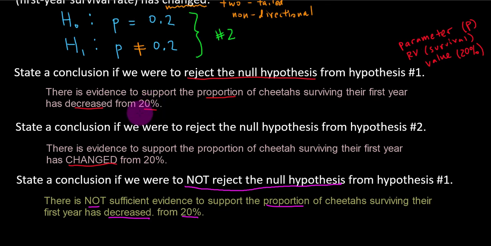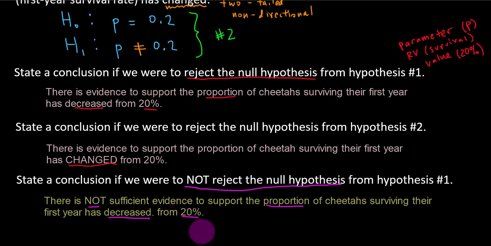You can benefit from your previous work if you've already thought about what a rejection sounds like. Because notice in this first sentence here, the only thing that has changed was I put the word not. There is not sufficient evidence to support that decrease. So I think that will conclude this video.